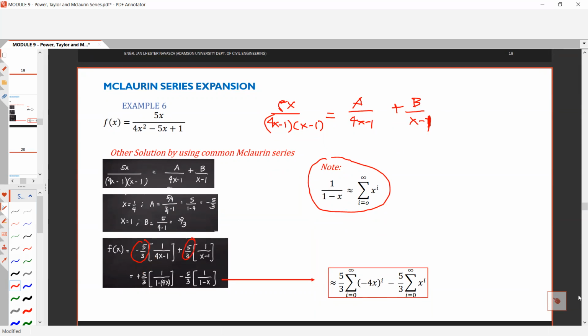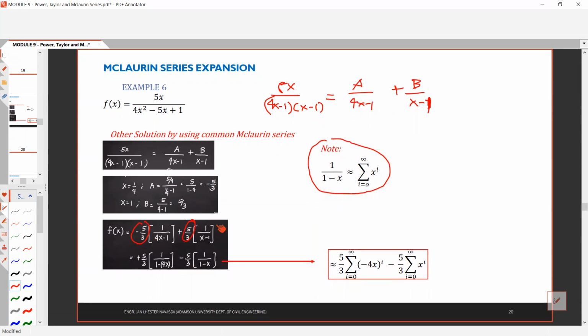Okay. So we will rewrite 1 over 4x minus 1 to somewhat similar to 1 over 1 minus x. So paano mo ba i-rewrite yung 1 over 4x minus 1? So you can rewrite 1 over 4x minus 1 to negative 1. Okay, so sulat ko dito. Sorry, dito na lang sa ilalim yung negative para mas makita.